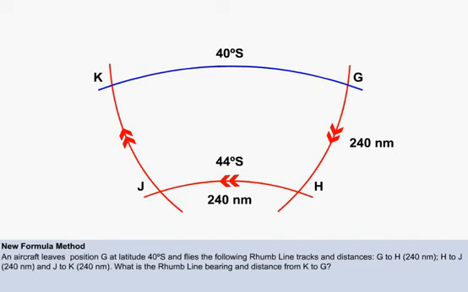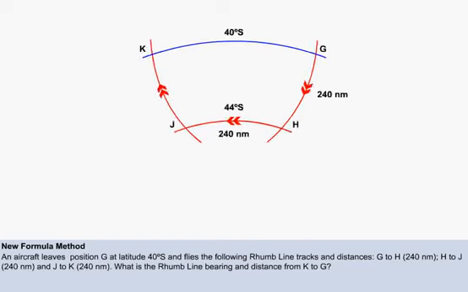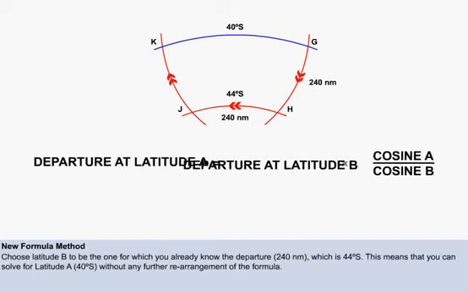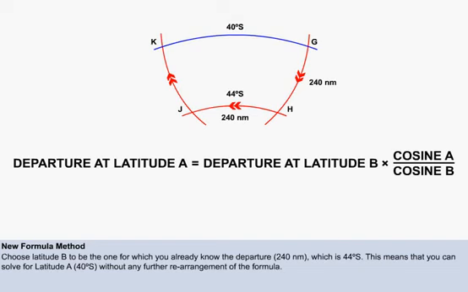Now let's look at the method using the new formula. We start with the same diagram. The formula is departure at latitude A divided by departure at latitude B equals cosine A over cosine B. Let's rearrange it to make the unknown departure, which we'll call departure at latitude A, the subject of the equation.